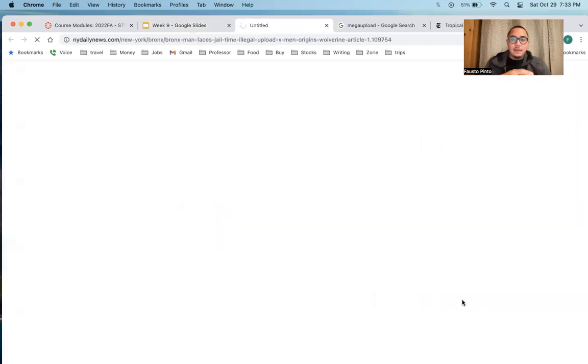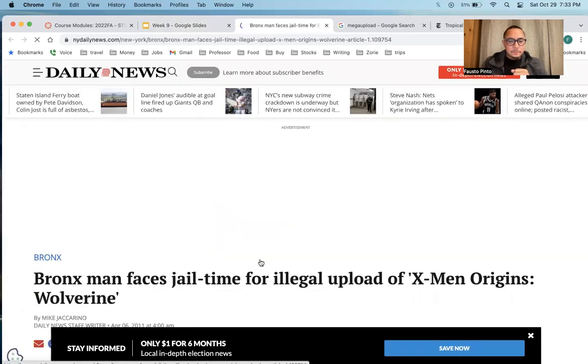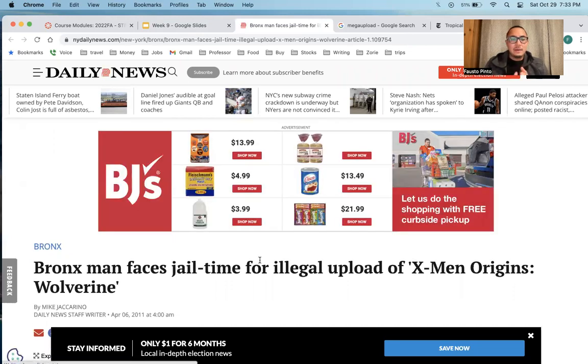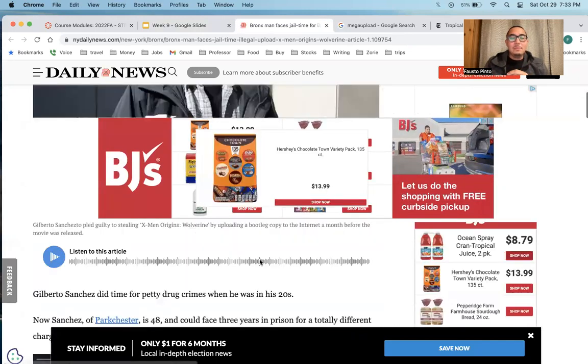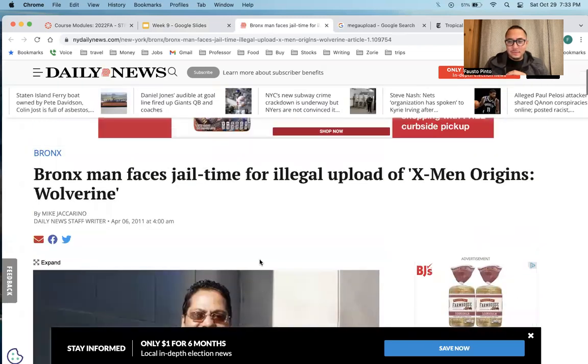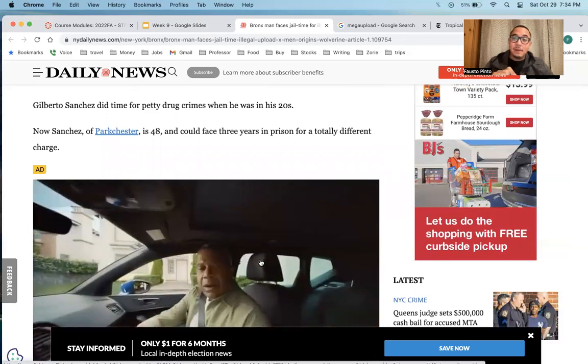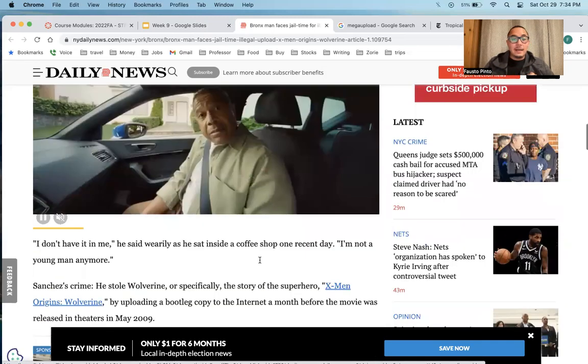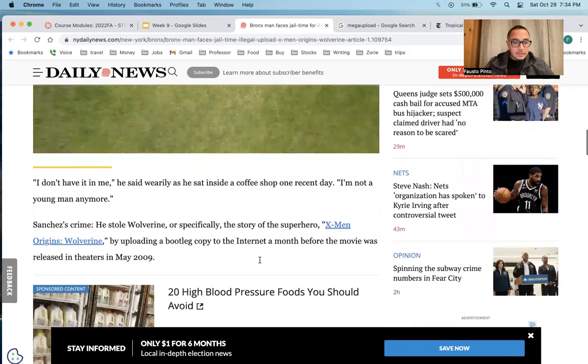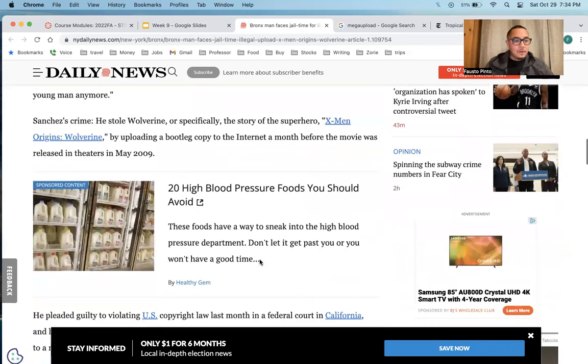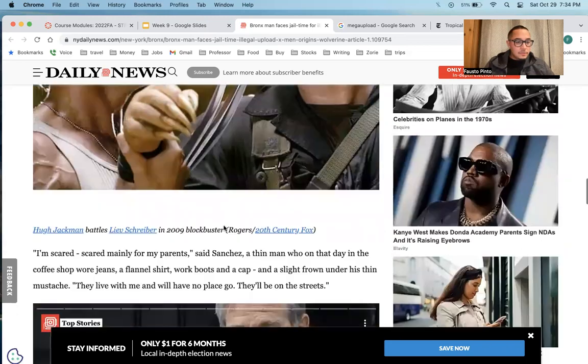Here's an example that was made of a Bronx man. I tried to follow up and see if he actually went to jail, but I could not find any articles about it. What he did was he bought a bootleg copy of Wolverine, I think it was Wolverine, and put it in his computer, and he didn't click off that share button, and the movie was downloaded. It was a month before the movie came out.